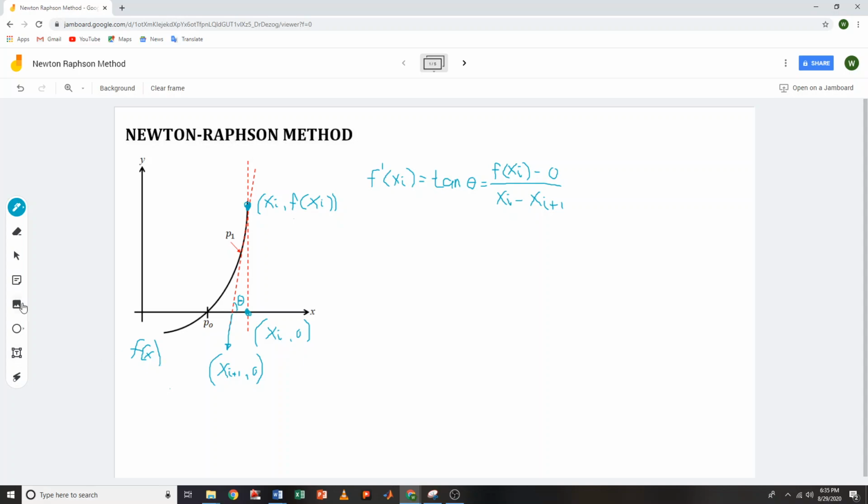Let f of x be a function, and let p be a root of the equation f of x equals 0, starting from the initial root x 0. Intuitively, we have a root here.